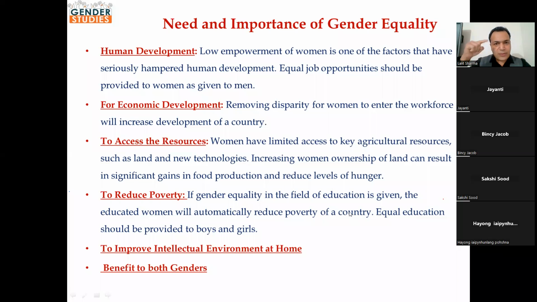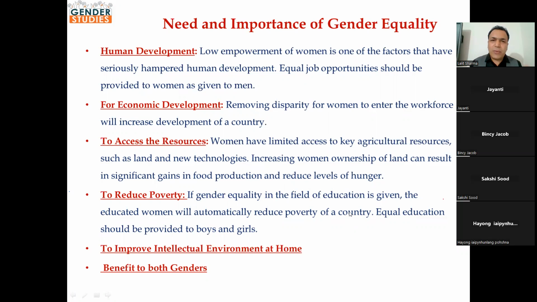Gandhiji has said, I just remembered one quotation: when we educate a male, we educate only one person; when we educate a female, we educate the whole family, right? Equal education should be provided to boys and girls. Similarly, to improve the intellectual environment at home, even at home, guys, we have to give equal opportunity.